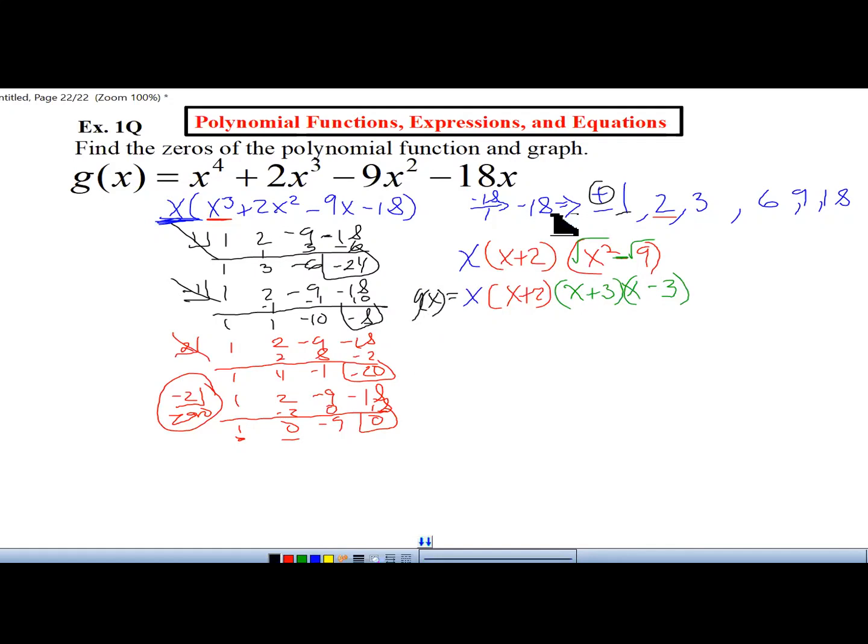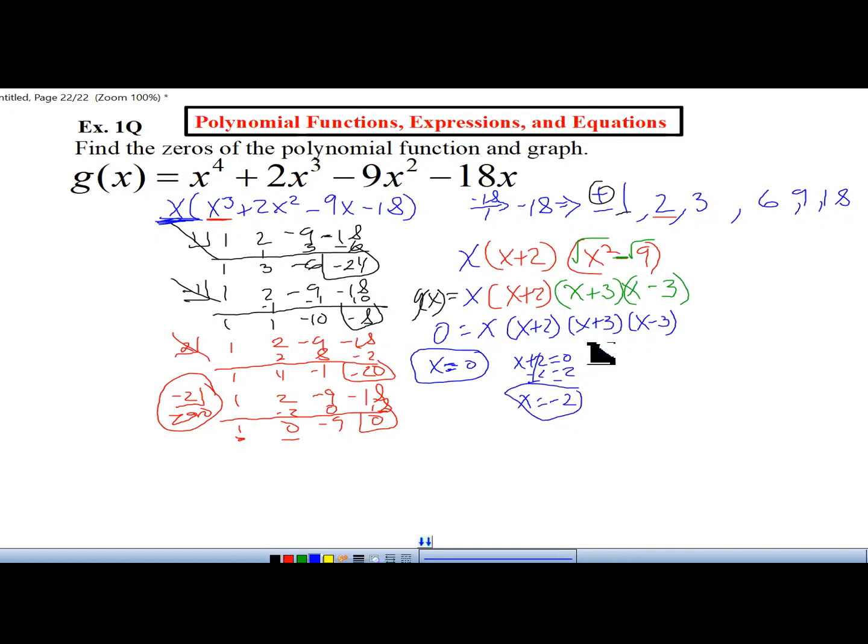However, they want us to graph. That means we need to find our zeros. How do we do that? We set it equal to 0: x, x plus 2, x plus 3, and x minus 3. So x equals 0, that's already solved. x plus 2 equals 0, minus 2 minus 2, x equals negative 2. x plus 3 equals 0, minus 3 minus 3, x equals negative 3.